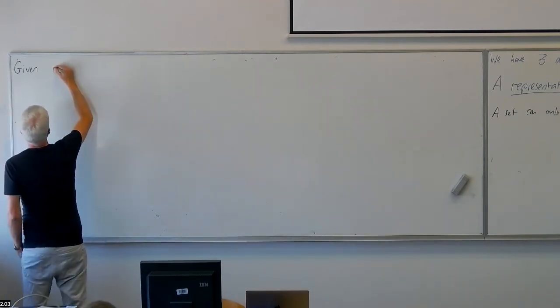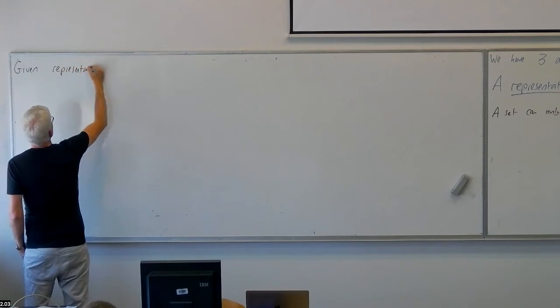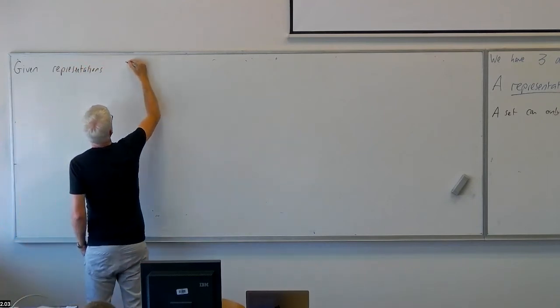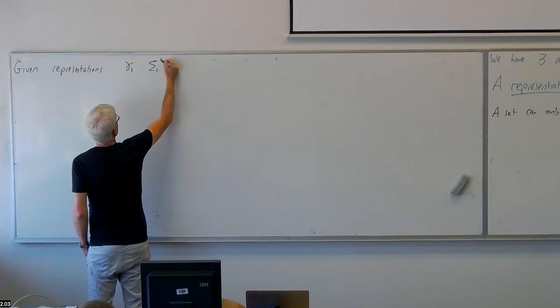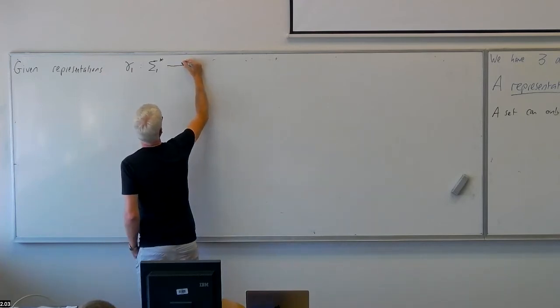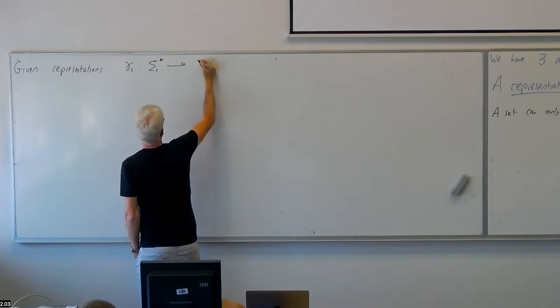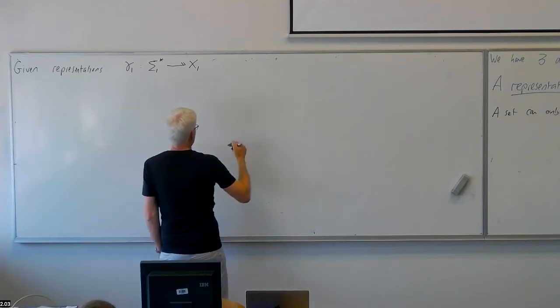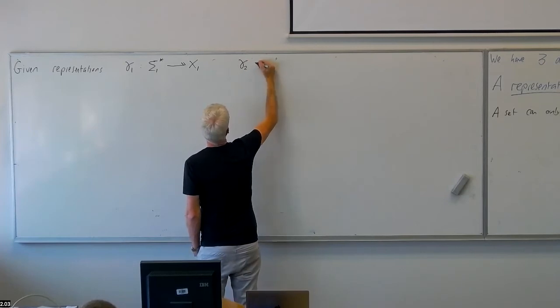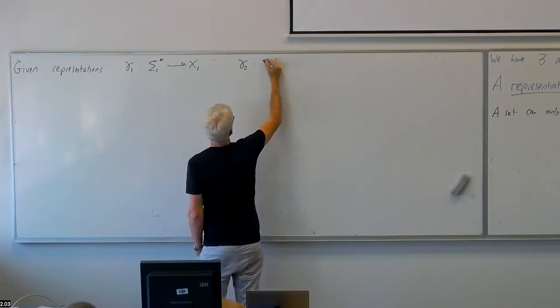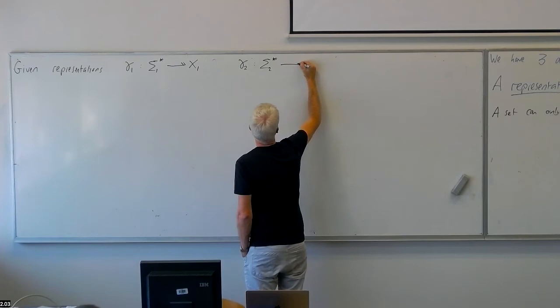So given representations of two sets X1 and X2. The gamma 1 in general is going to be a partial surjection from words over some representing alphabet sigma 1 for X1, and similarly we're going to have a gamma 2, which is a representation of X2 using a potentially different representing alphabet sigma 2.